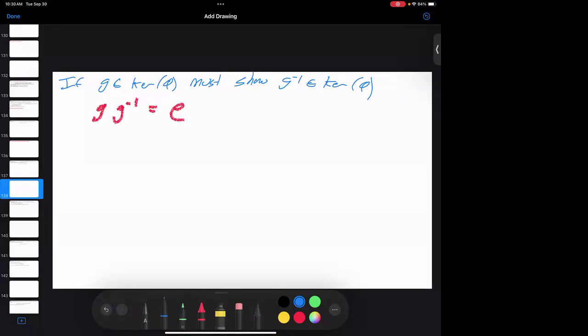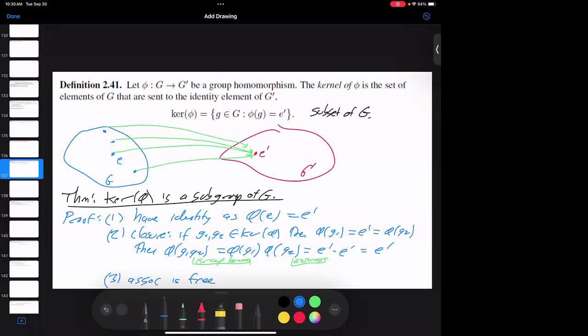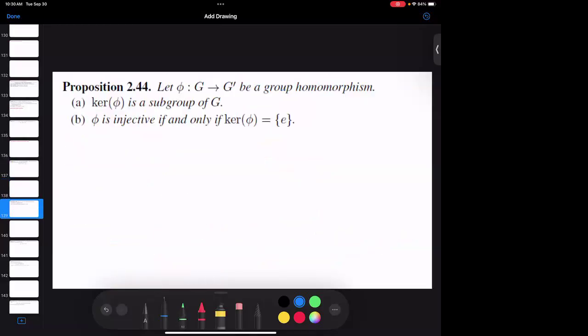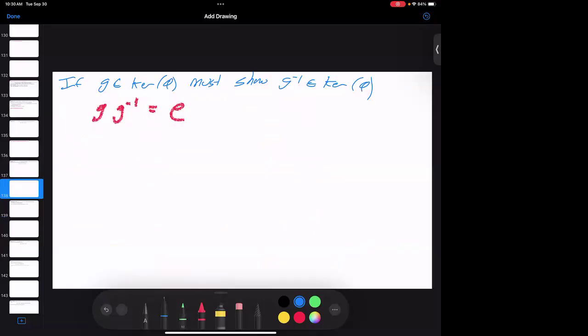So we're starting off with the relationship we know between G and G inverse. What are we given? We have some group homomorphism between G and G prime. And the kernel of phi is all the things that are sent to the identity. And so we know that G is in the kernel of phi. So what would be a good thing to try to do to both sides?